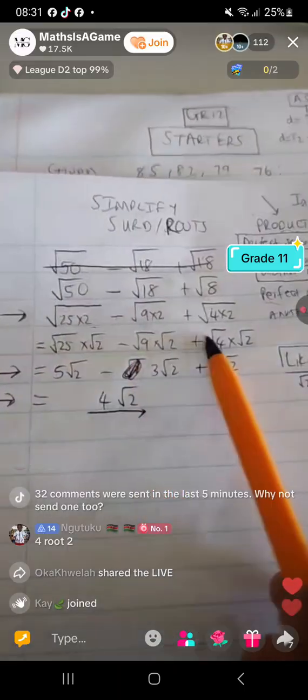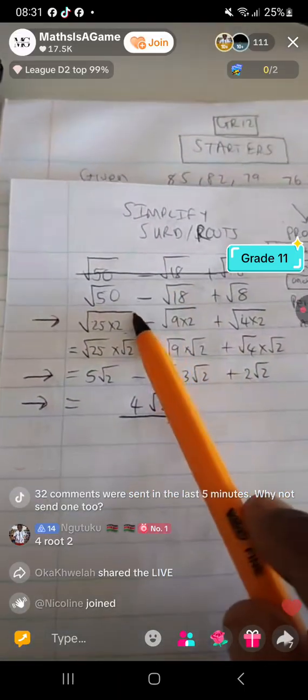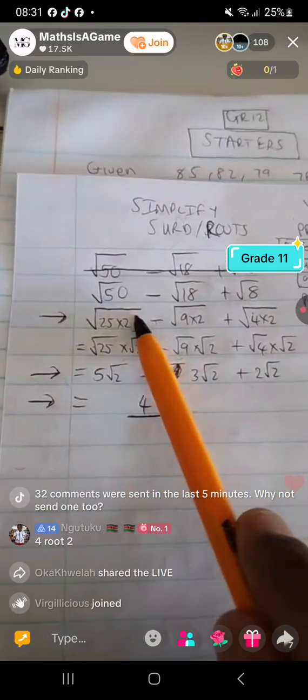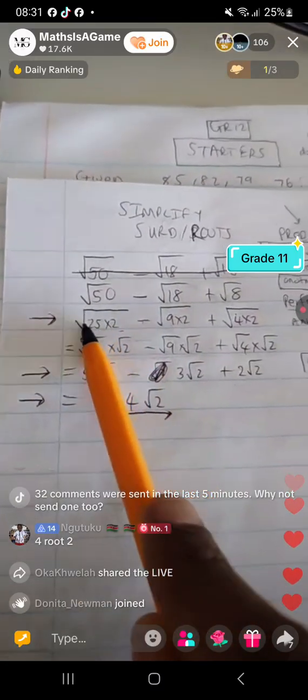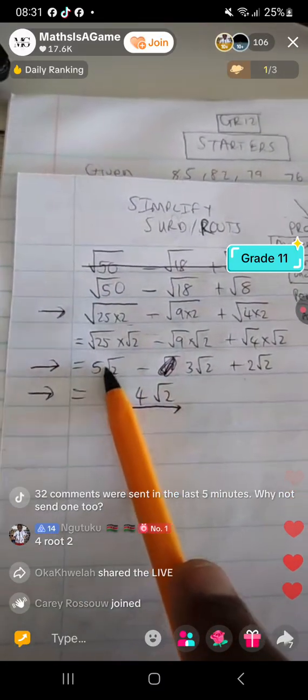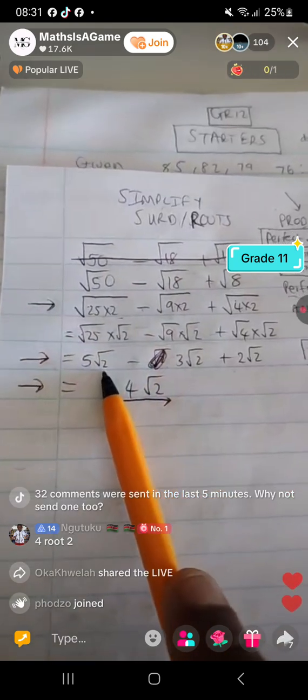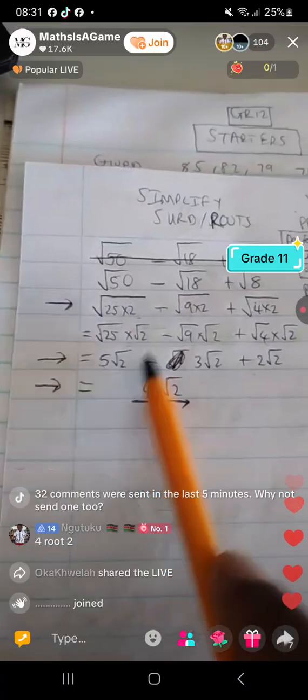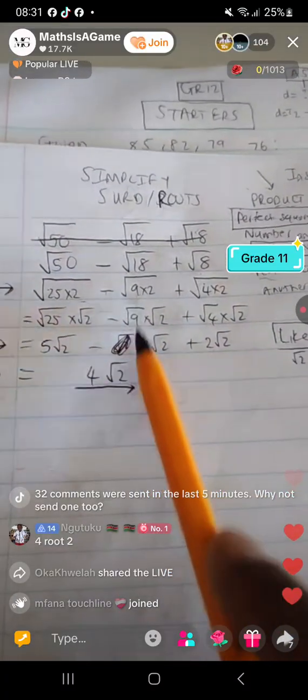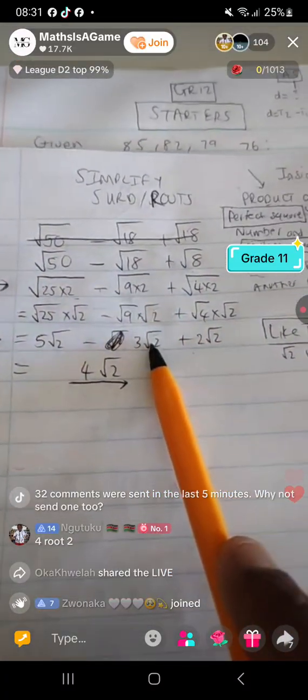I just showed you this so that you can understand that when there's a multiply between your numbers inside the square root, you can calculate the square root of 25, which is 5, the square root of 2 remains over. Square root of 9, you can calculate. The square root of 2 remains.